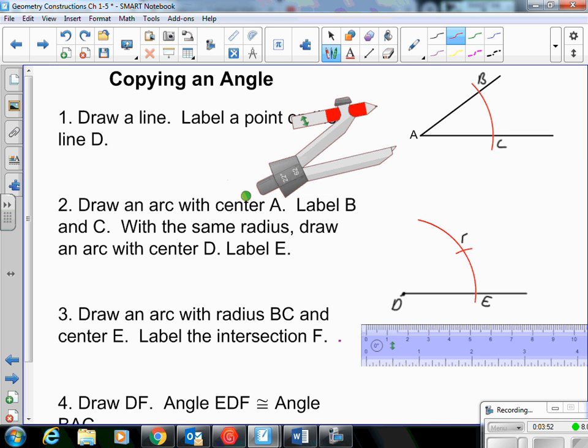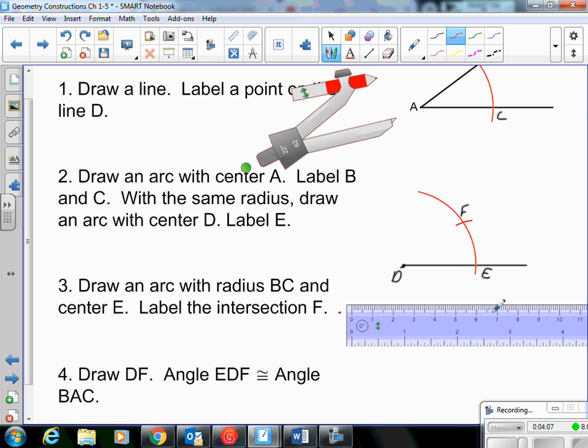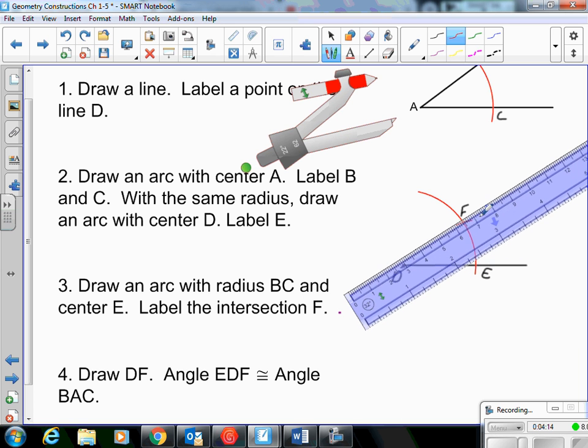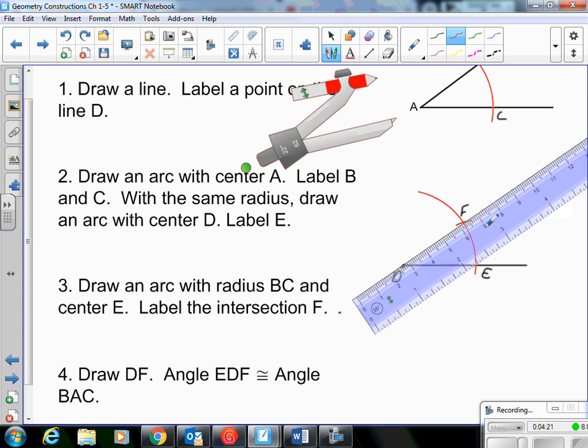So that intersection is going to be point F. And then last step, we're going to connect point D and point F with the line. Like so.